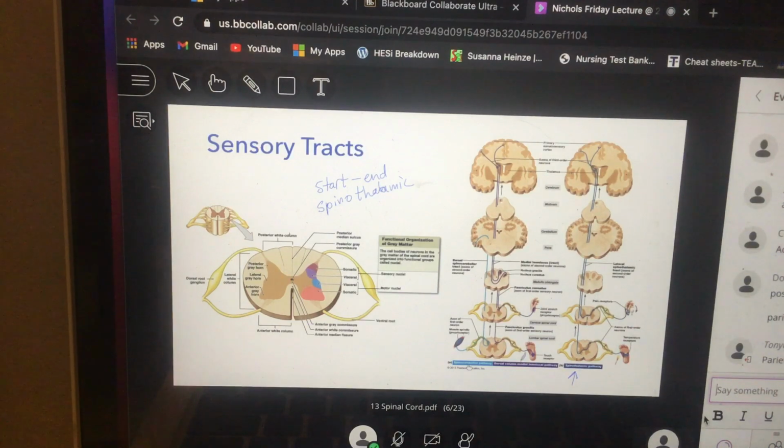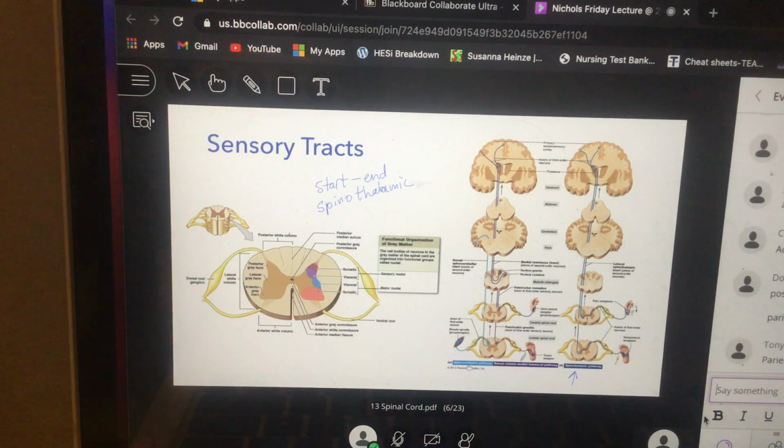All right? And I just want you guys to be aware, the ones that are mentioned in your lecture notes, I have seen those as questions, usually multiple choice questions, not too many of them, maybe one or two on past tests. It would say something like, which of the following would be the term for a sensory pathway that begins in the spinal cord and ends in the thalamus?